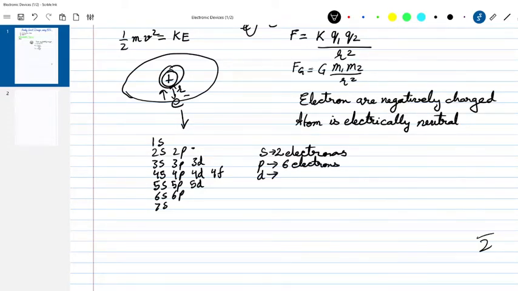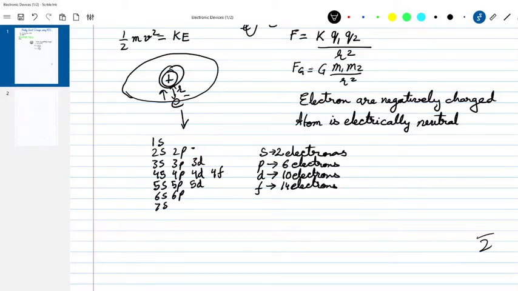Then d orbital allows you to put in 10 electrons, and f orbital allows you to put in, I think, 14 electrons. I may be confused between 14 and 16, or 18.